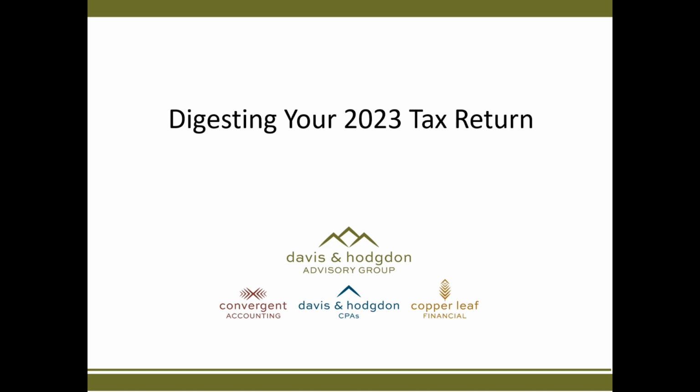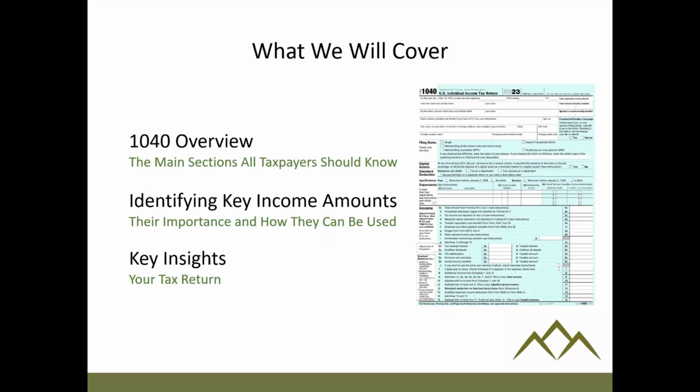All right. Let's jump right in here, and our facilitator would be so kind to bring up slide number 2. Perfect. We're going to give an overview on the 1040, which is the individual tax form itself, and really focus in on some of the main sections.